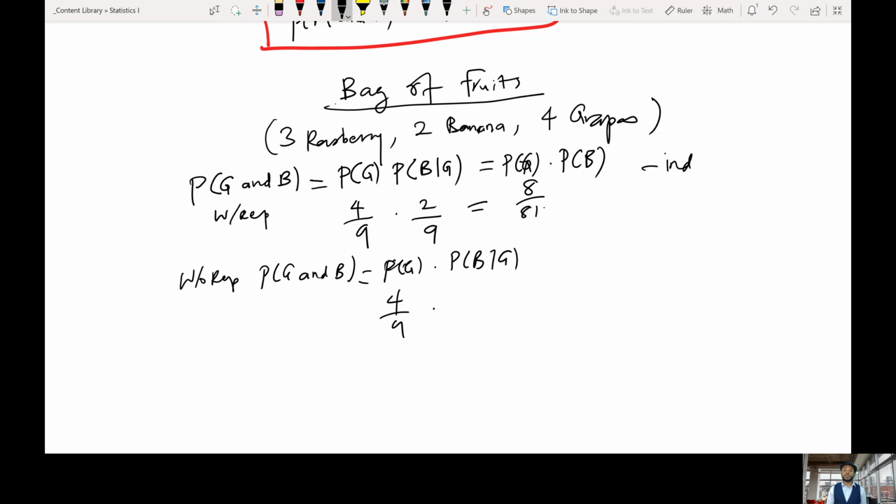Now what's the probability of drawing a banana given that we had drawn a grape without replacement? So we didn't put the grape back into the bag. So the sample size reduces by 1. So the banana here is still 2, the numerator, but the denominator is now going to be 8. And so this will be 8/72, which is 1/9. Okay.